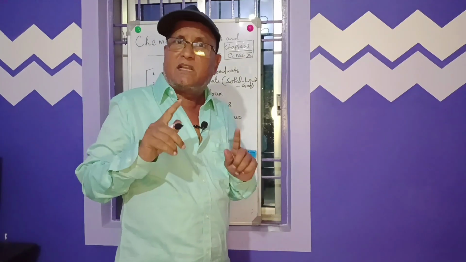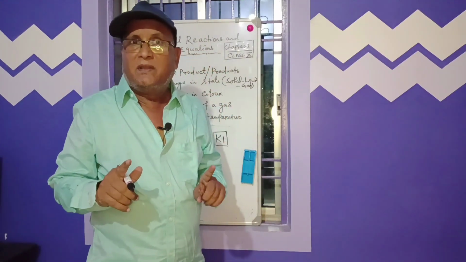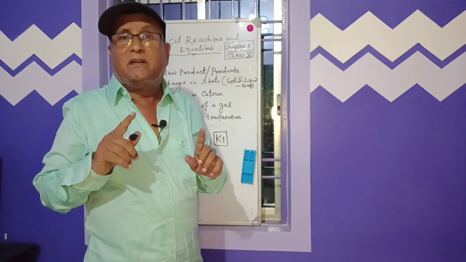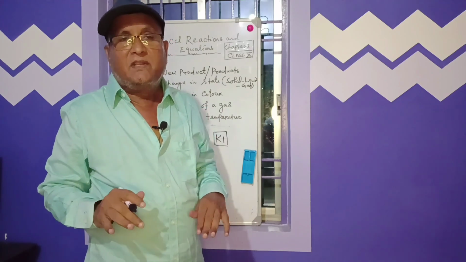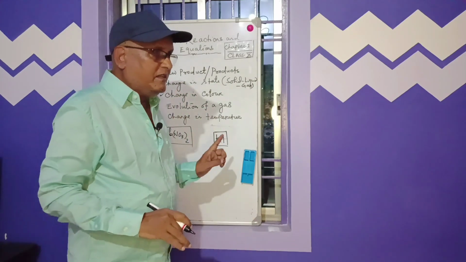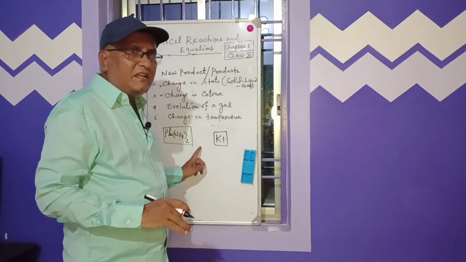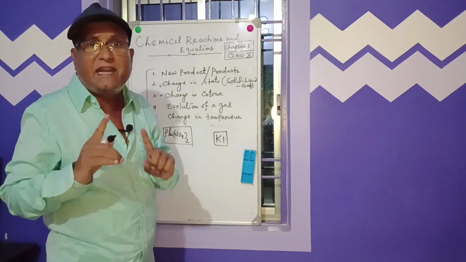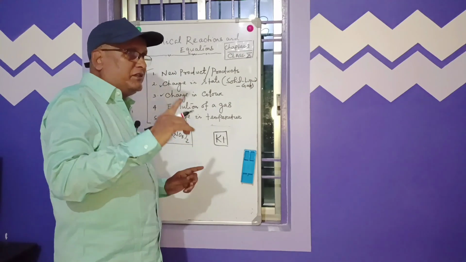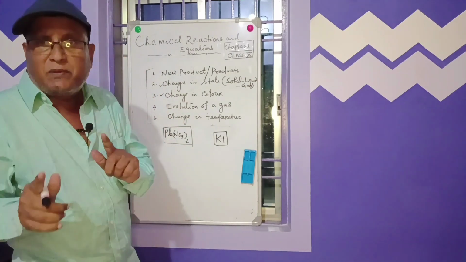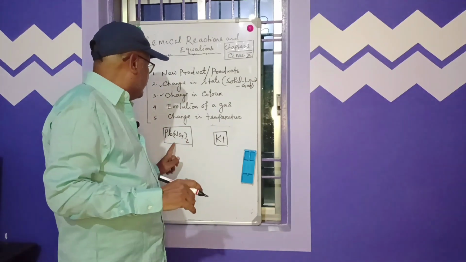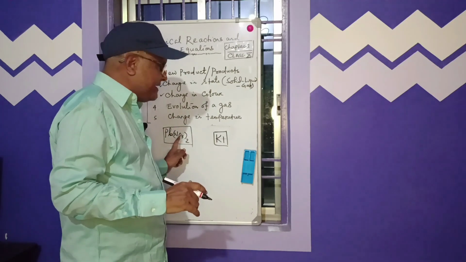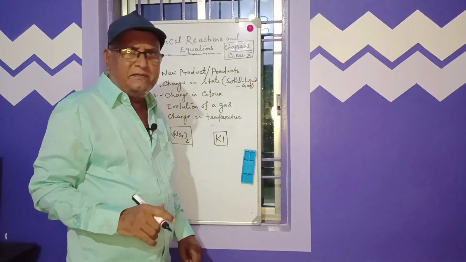And this question was asked in the CBSE exam. Remember this, my dear students, I appeal to you all. In this activity, the reaction is a double displacement reaction because the exchange of ions takes place between the reactants lead nitrate and potassium iodide.